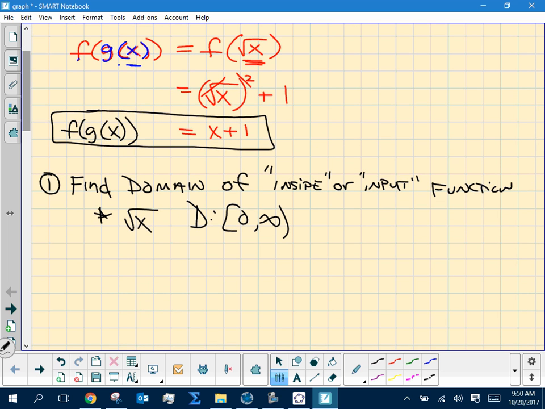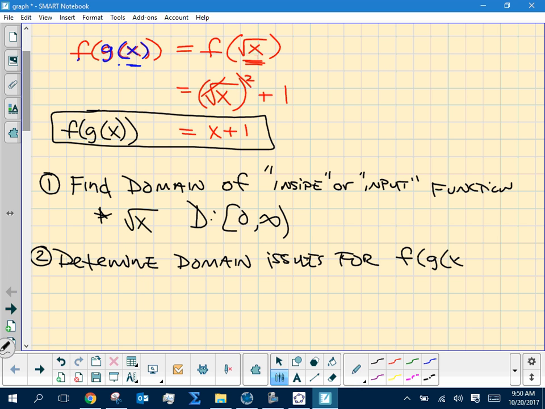So the next thing you do is determine domain issues for f of g of x. And our f of g of x in this case was x plus 1, right?